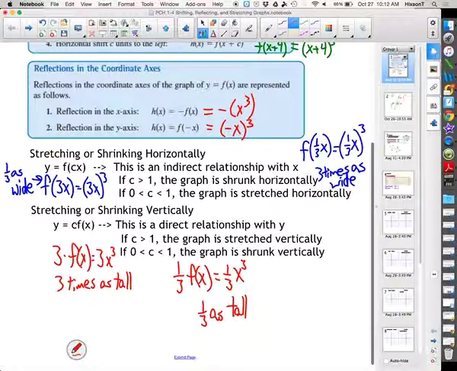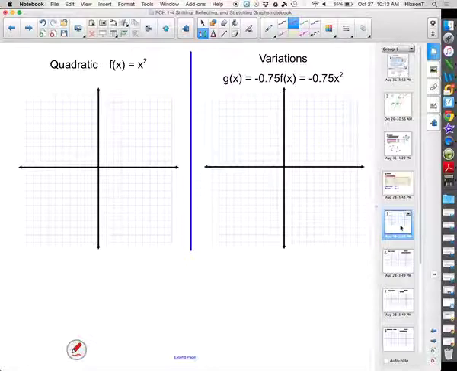Alright, so any questions about this before we just work through some examples? So we're going to take a look at some examples of actually sketching some of these functions. And one of the things that you're going to want to do, especially here at the beginning, is write down what's happening.